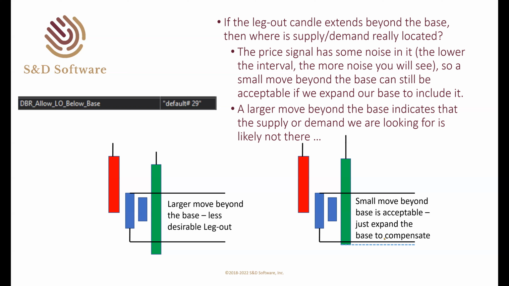But as long as it's not excessive, like in the case on the left, that's acceptable. And we can compensate by moving our distal line for any demand band we draw from that. Effectively, then, what we're doing is we're expanding the base to include the low of the leg out.